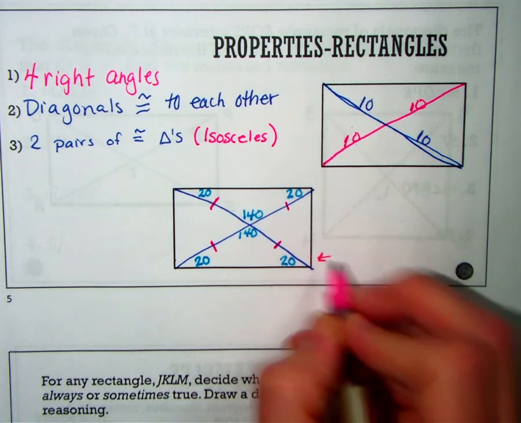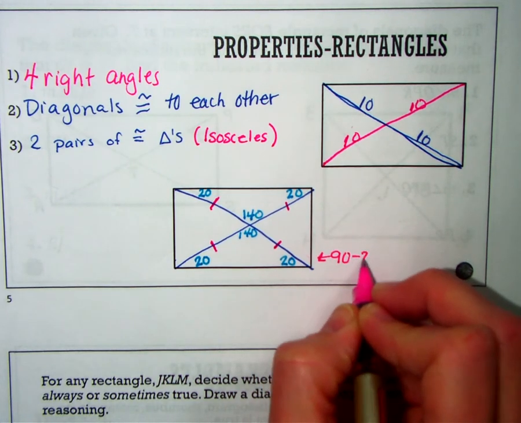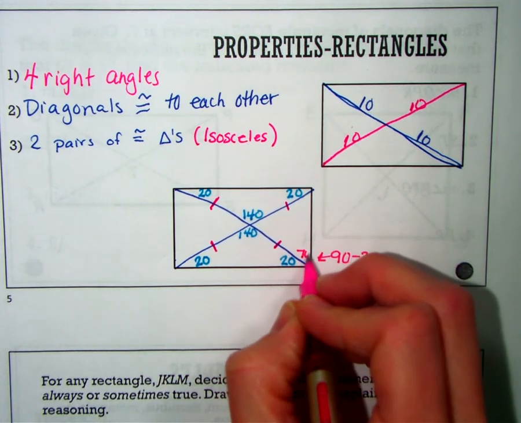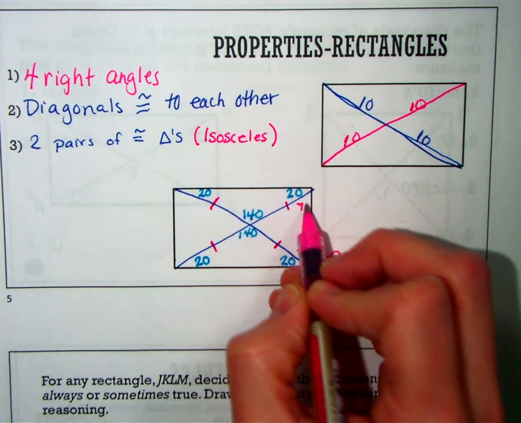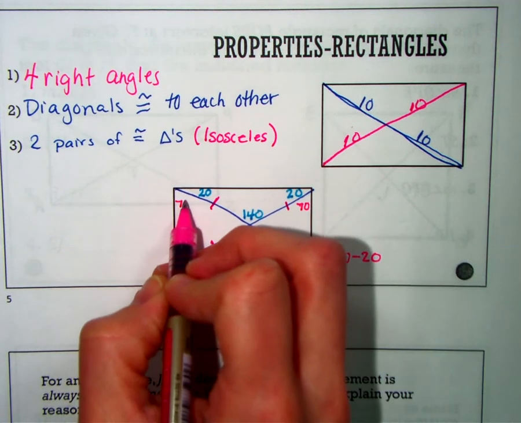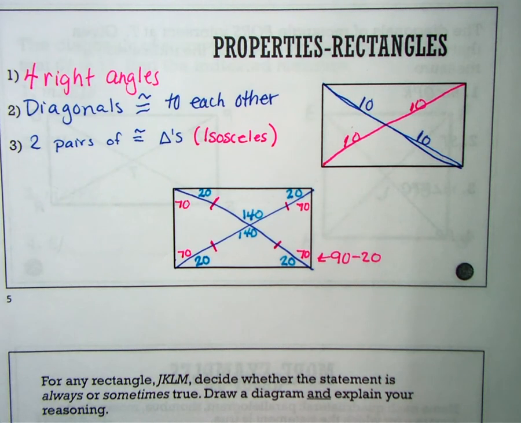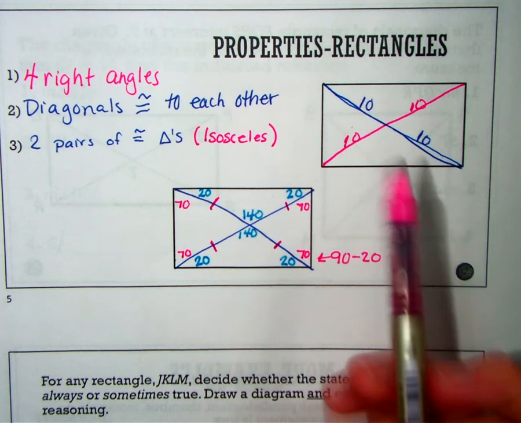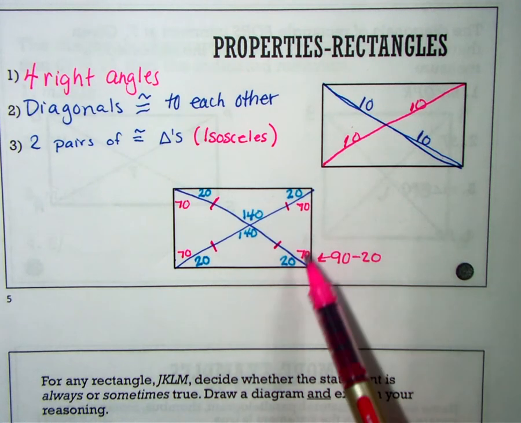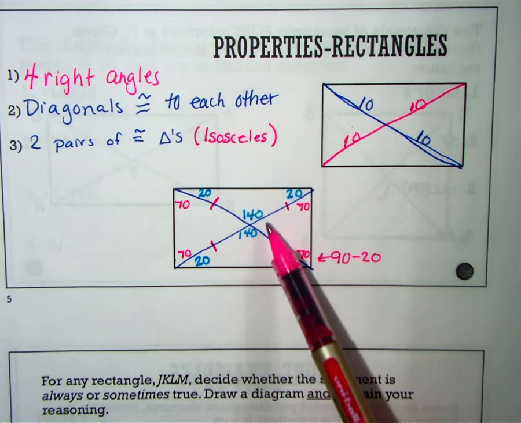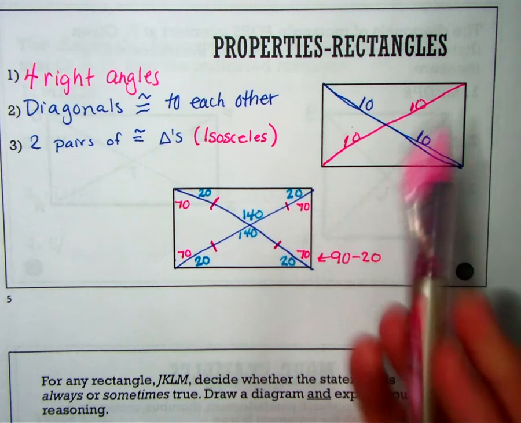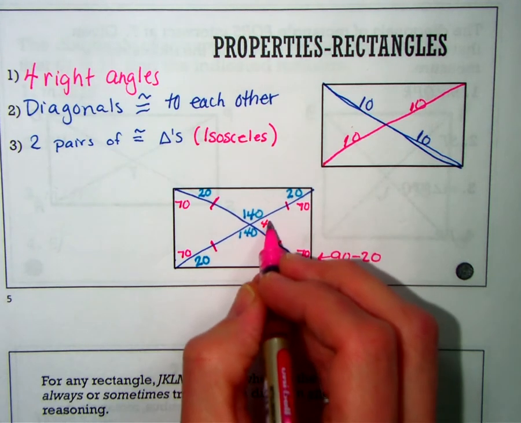So this is 70, which means this is 70, which means this is 70, which means this is 70. So you've got all four of those being 70. And then you can do 180 minus 70, or you could just do a linear pair right here as well. So this would be 40, and this would be 40.